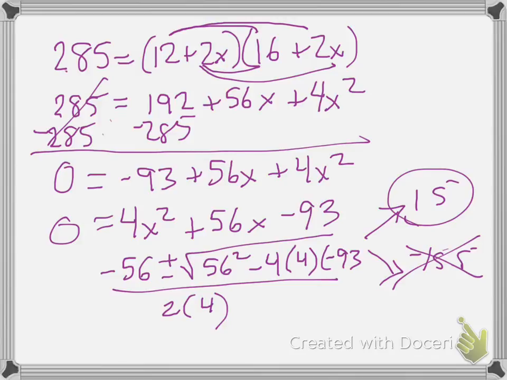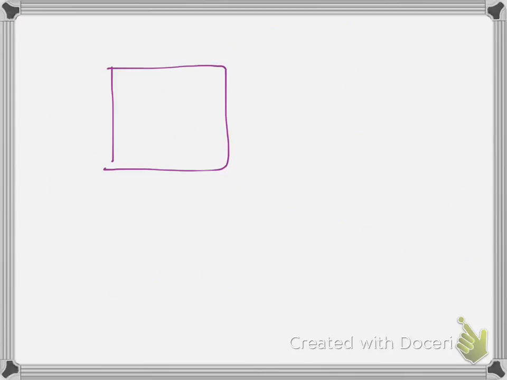So going back to the story, this was 16 plus 2 times x, and it was 2 times 1.5.